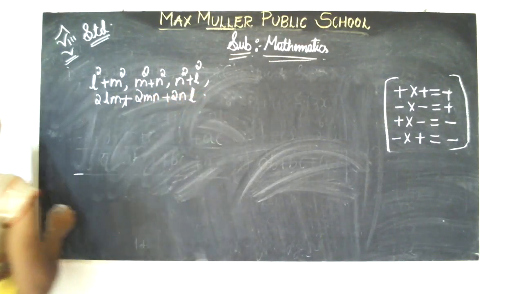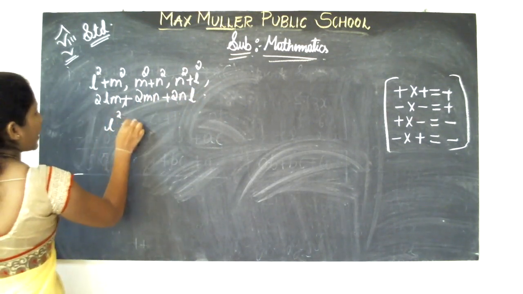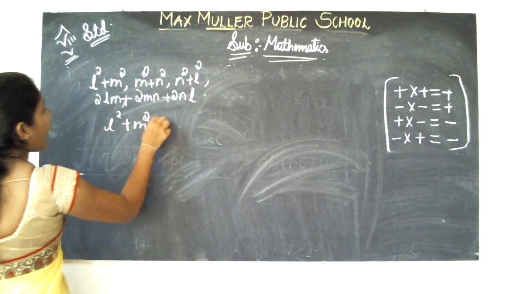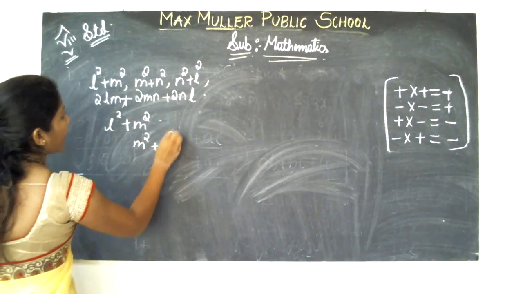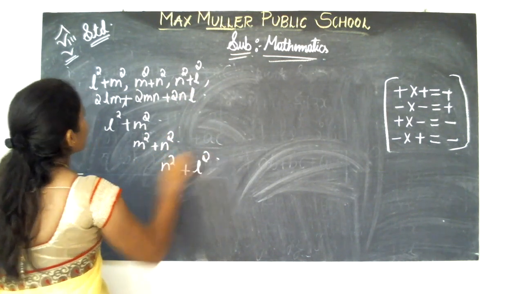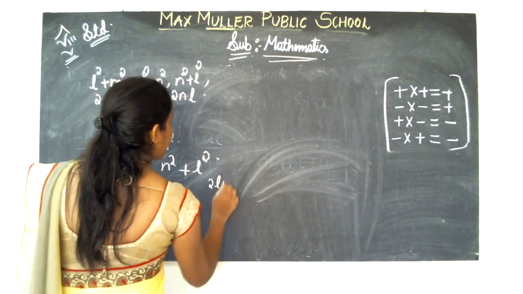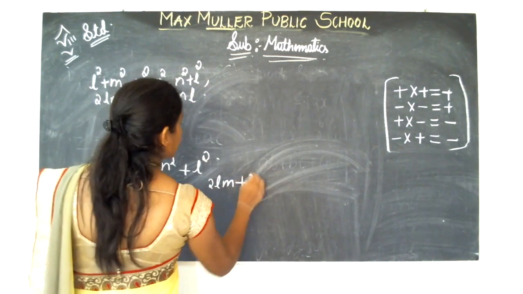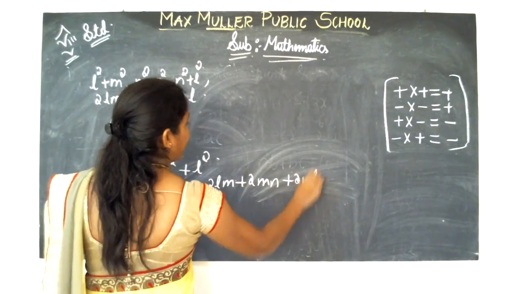So what you have to do here: write down the first term, that is L square plus M square, and the second term, that is M square plus N square. Next, N square plus L square. Next, the last term, that is 2LM plus 2MN plus 2NL.